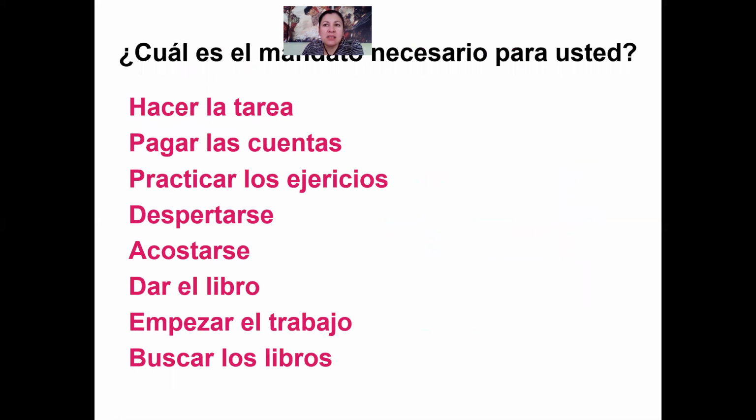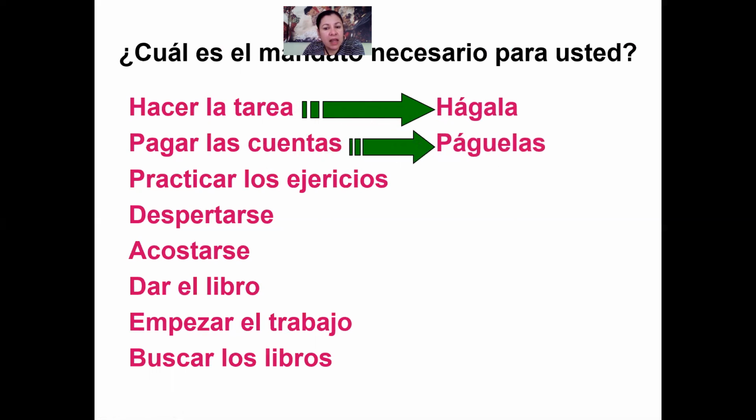Now let's give the command, not repeating the direct object that we have: tarea, cuentas, ejercicios, okay? So we have hágala, páguelas, accent mark is showing there, pronunciation changes too, wherever the accent mark is is the strongest one. Practíquelos.